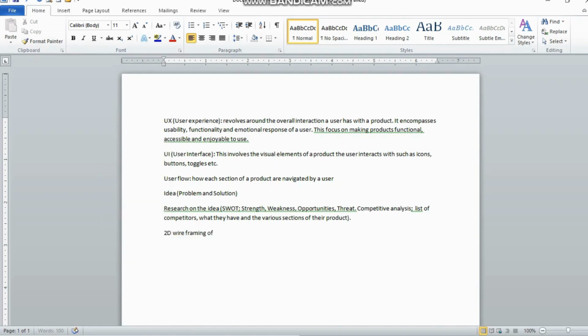The 2D wireframing of the idea involves drafting out the skeletal structure of the application, which is the solution to the problem, on a piece of paper or a drawing base.